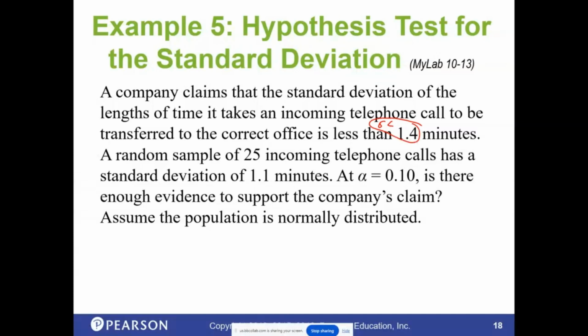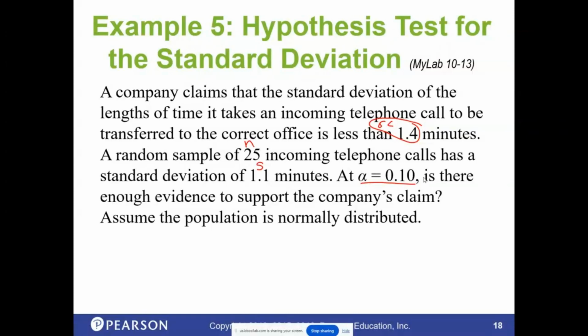A random sample of 25, so there's my N, incoming telephone calls has a standard deviation, so that's S, of 1.1 minutes. At alpha equals 0.10, is there enough evidence to support the company's claim, assume the population is normally distributed?